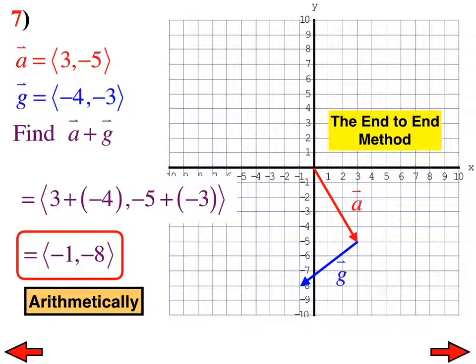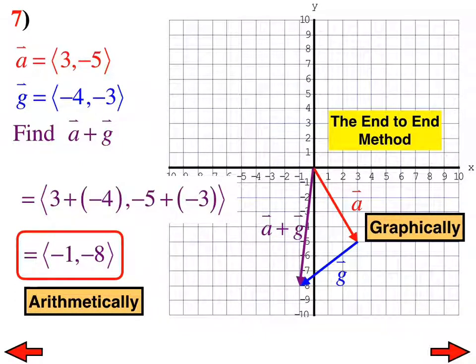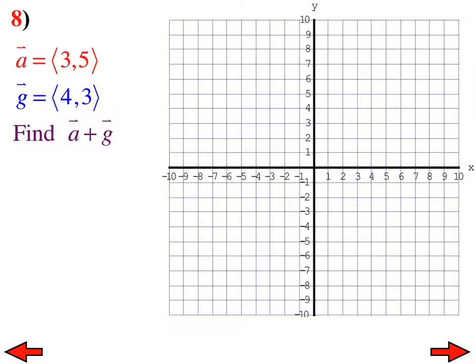And then we have to end that by showing one movement, which is the resultant vector, which is vector A plus vector G. And notice that the resultant vector will always end at whatever you got arithmetically, negative 1 comma negative 8. And you can kind of think of the graph as a way of proving that it really is what you say that it is. Okay? All right, everybody do number 8.